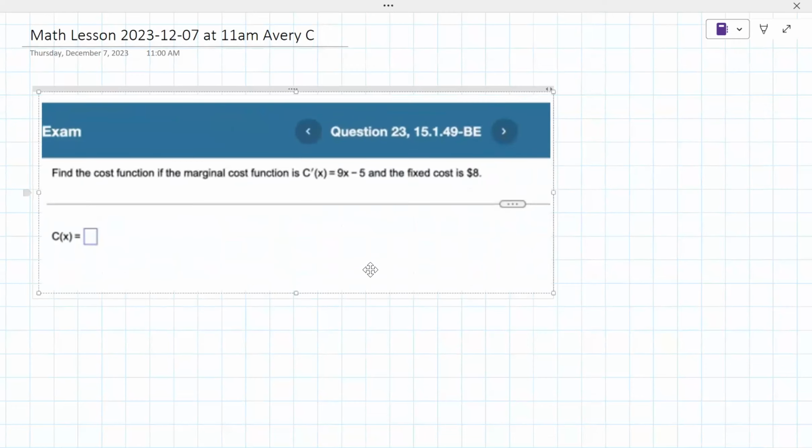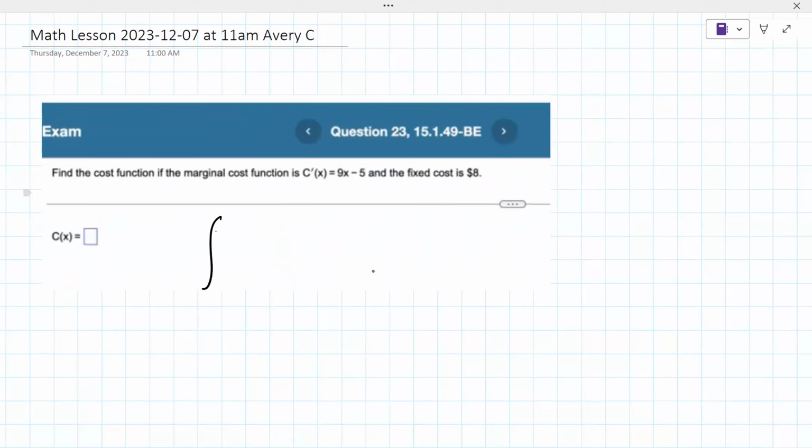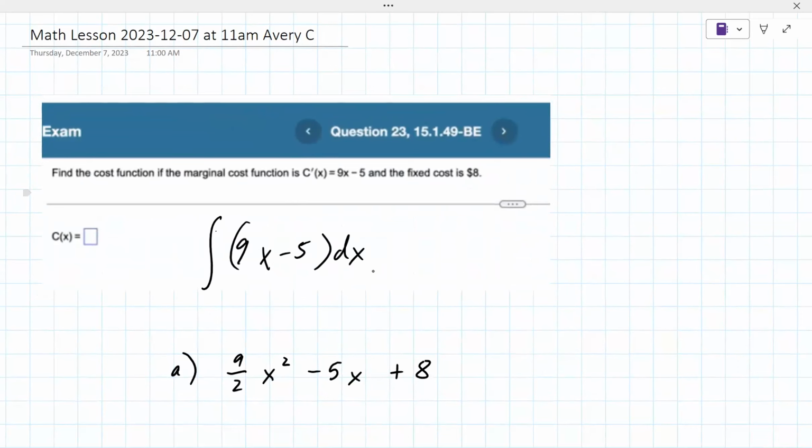Okay. So the idea here is that you're taking an antiderivative of 9x minus 5 dx. So one of the answers, like this is kind of where I'm going with that other question you asked, will be 9/2 x squared minus 5x plus 8.